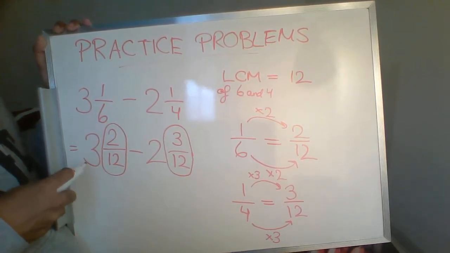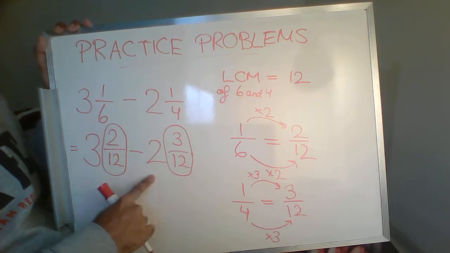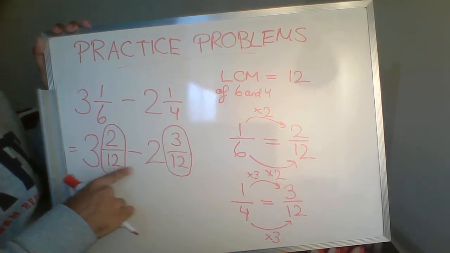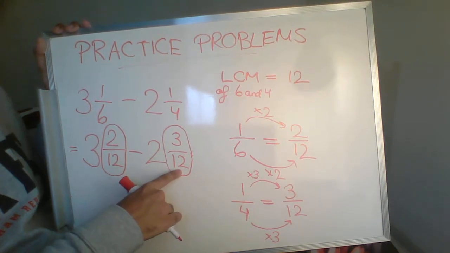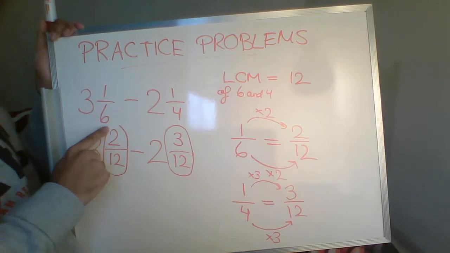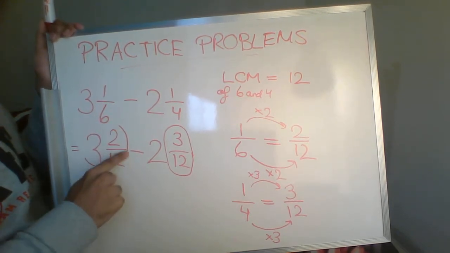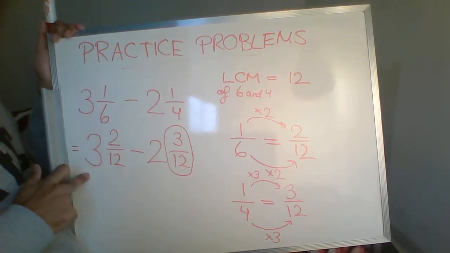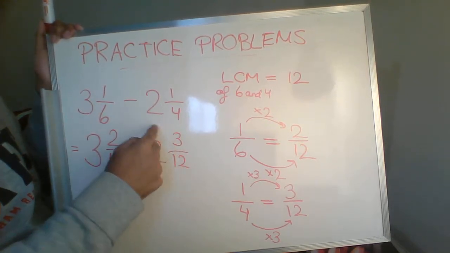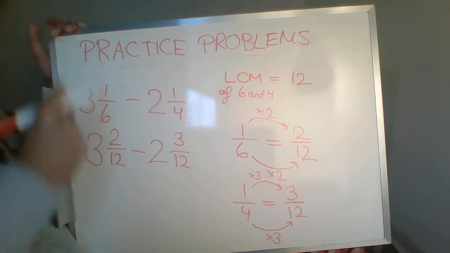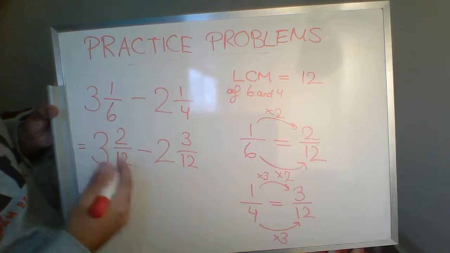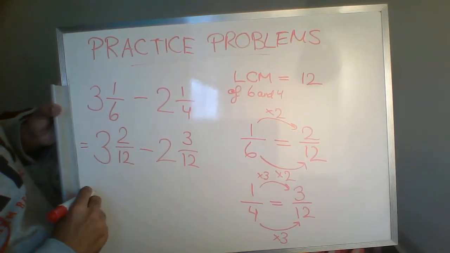I have enough pizzas to satisfy the whole order of 2 and 3/12, but I don't have enough individual slices here to match the individual slices that the customer wants, right? So in order to do that, I need to take one of my whole pizzas, my uncut 3 whole pizzas, and I need to break it up into 12 different pieces so that I have enough slices to give the person who's asking for them.